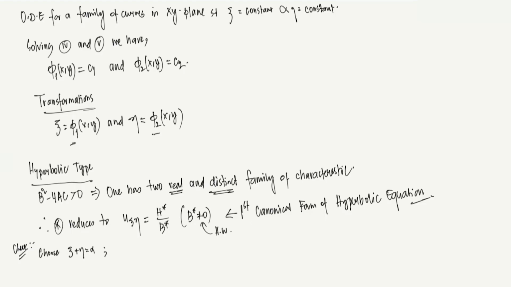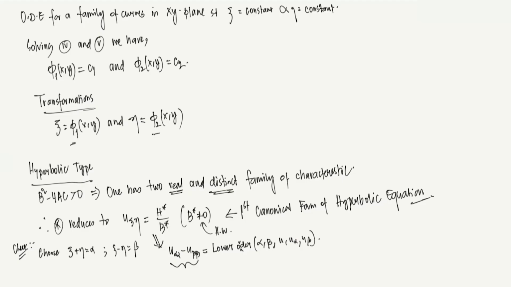Now you can always do another change of variable: alpha is xi plus eta and beta is xi minus eta. Once you do it, you can see that this equation changes to something like this: u alpha alpha minus u beta beta equals some lower order terms. The lower order terms contain alpha, beta, u alpha and u beta, so basically first order or zero order terms will be there.